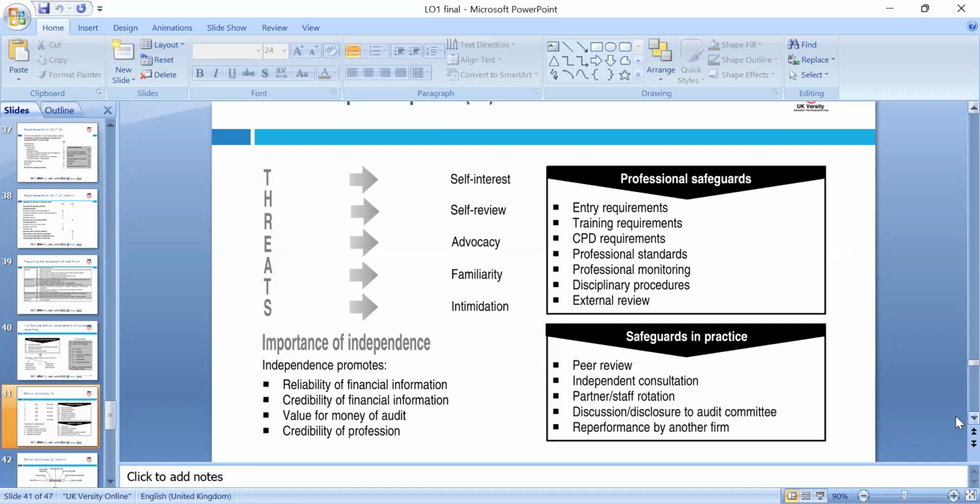Familiarity, if people know each other's families. These threats mean objectivity can be compromised. Intimidation, if your boss says your job will be at risk if you don't do this, then your objectivity or integrity can be compromised. You have to use your judgment.